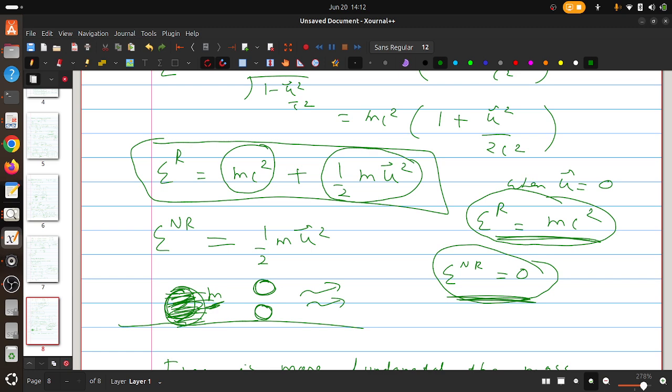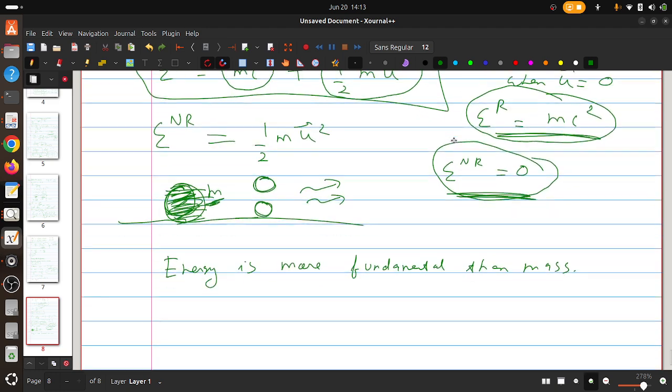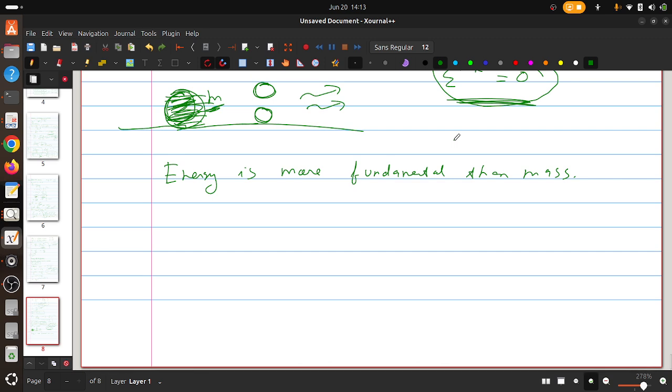Because the way we infer and interpret energy and mass is different in relativity as compared to the non-relativistic result. So that is some new insight here, and you can read about it more in the relativity books.